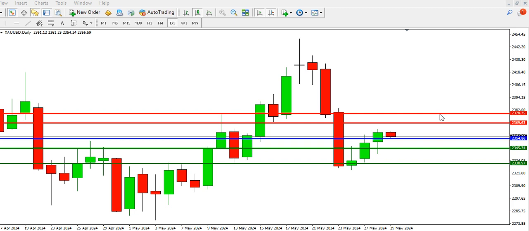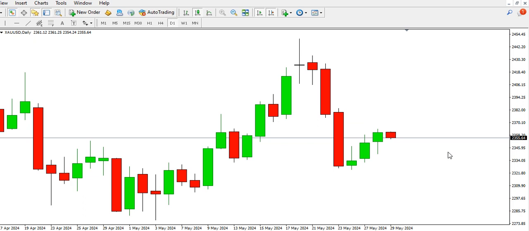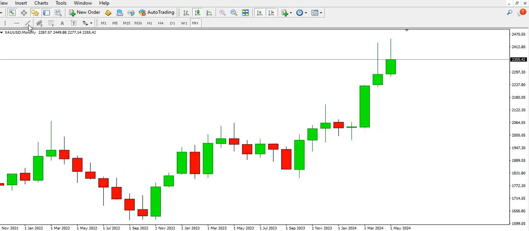Now let's look at the monthly time frame with respect to trend lines, order blocks, support, resistance. All right, going to the monthly time frame, we can see that price is still bullish. This is the trend line for the monthly time frame, still bullish.